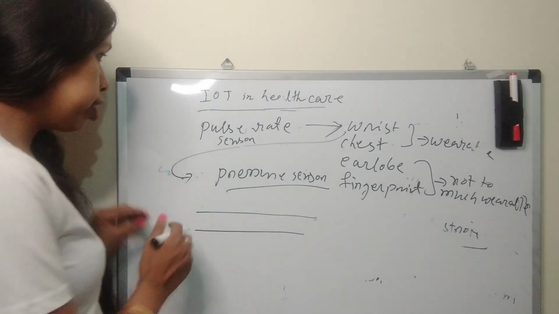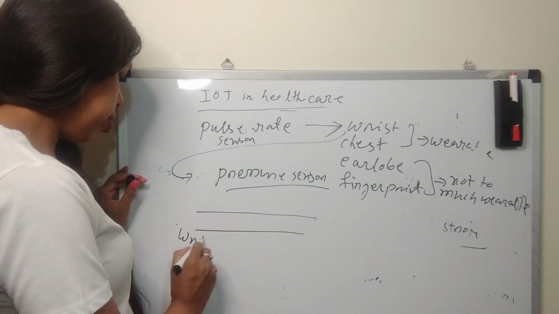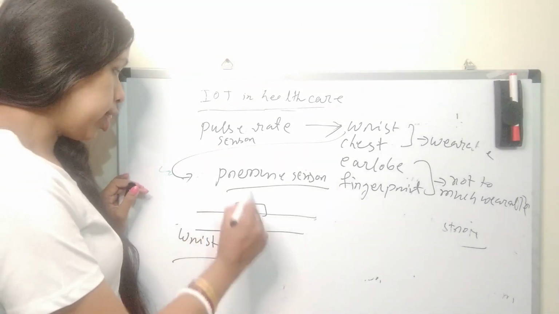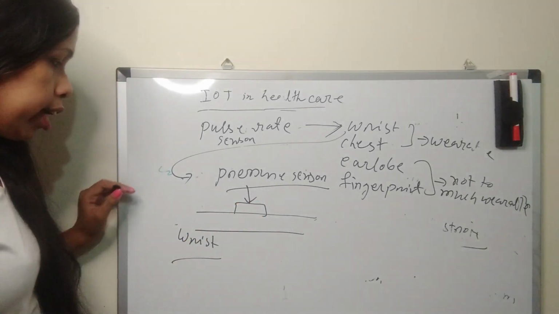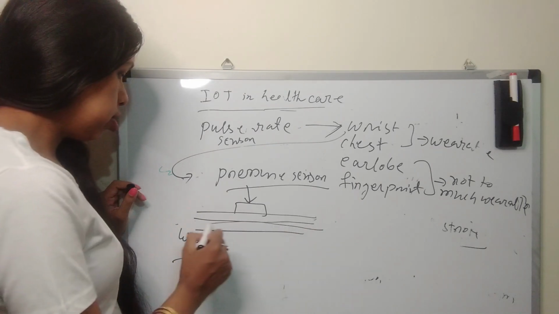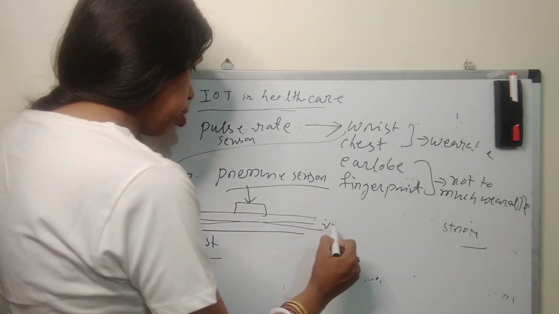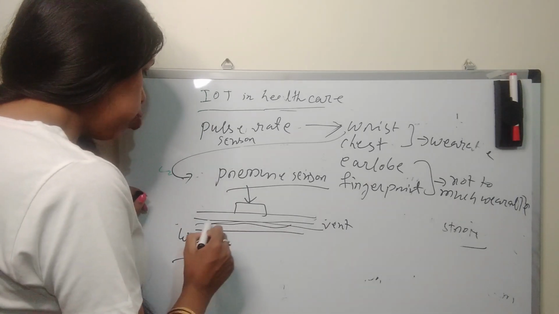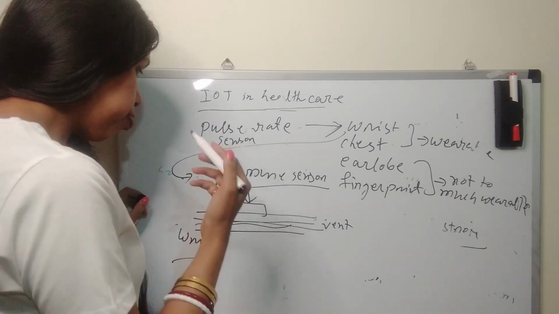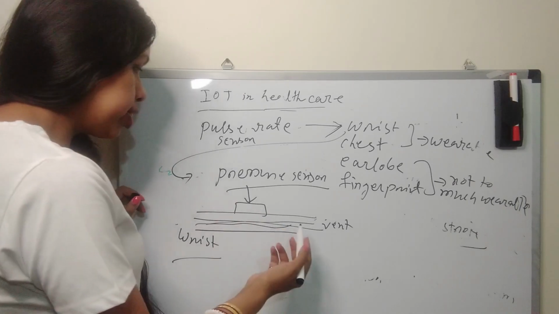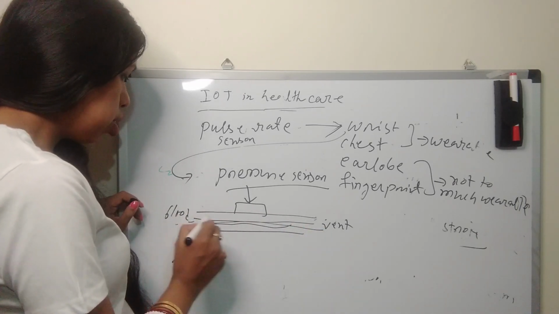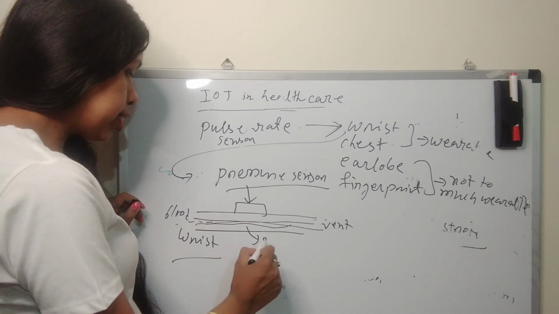Here you can see the wrist, and the pressure sensor is connected here. Blood is flowing, so here the pulse can be measured.